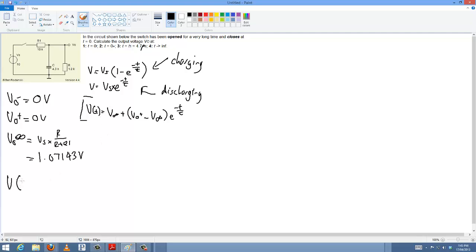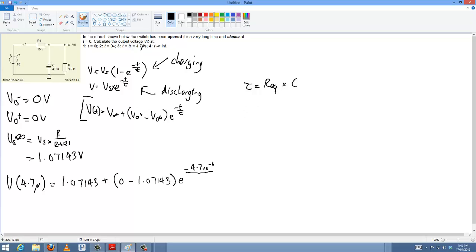And so V at 4.7 microseconds equals V infinity, which is 1.07143, plus V0, which is 0, minus 1.07143 times e to the negative 4.7 times 10 to the negative 6 on tau, and our tau equals R equivalent times C.